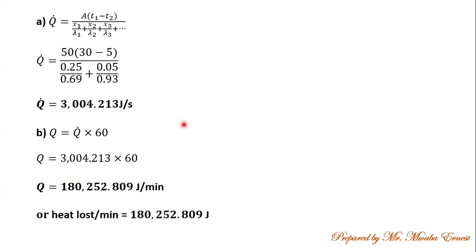There was another one which was asking about heat lost per hour. In 1 hour, we have 60 minutes. Each of the minutes has 60 seconds. So if I multiply 60 by 60, it gives me 3,600.